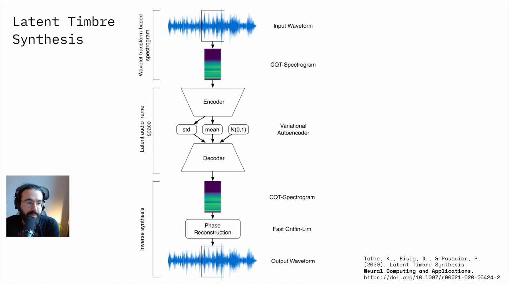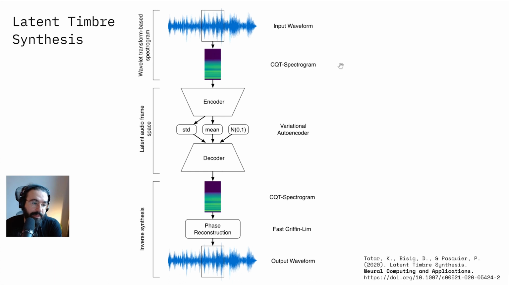Constant Q transform is a wavelength-based spectrogram in which the frequency bands have different audio window lengths. So in this pipeline, we have an input waveform at the top, and we calculate the CQT spectrogram from it.